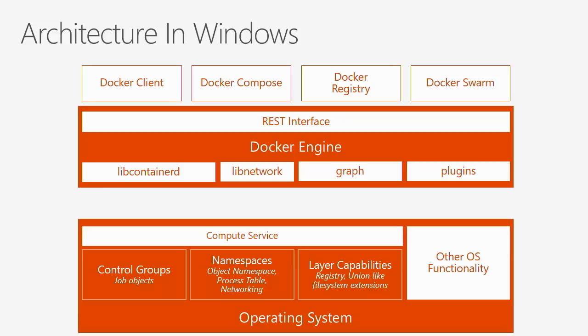That talks to the Docker engine, which we have running as a Windows service. And it talks to the compute service. This is a new service that's in Windows 10 and Windows Server 2016. You can go looking around; there's the Hyper-V compute service. And the compute service provides a nice, simple low-level API to create and manage containers.